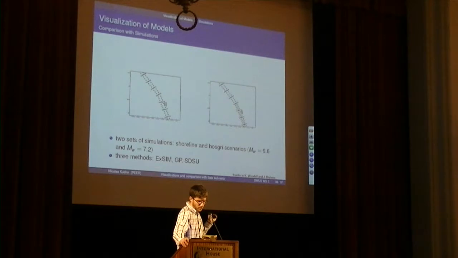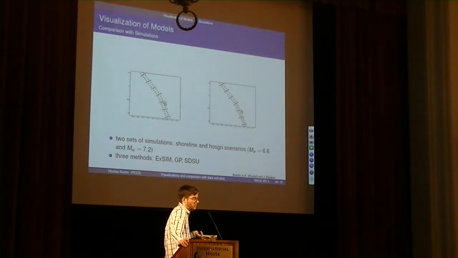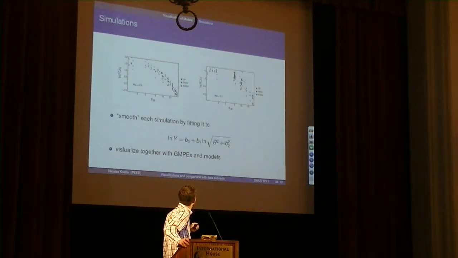And this is a plot of the station distribution for the 2 scenarios. For each of these stations, there are ground motion predictions from the simulation, and I'm going to plot them on the map as well. This is how it looks for PGA: the magnitude 6.6 scenario on the left and the magnitude 7.2 scenario on the right, plotted against distance.